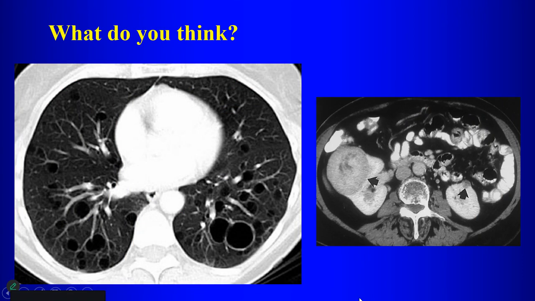All right? Here's a patient with cystic lung disease, and a second finding. The second finding is, there's an arrow and another arrow there too. Yeah, so we have this renal mass, right? So renal mass and cystic lung disease, this is what?